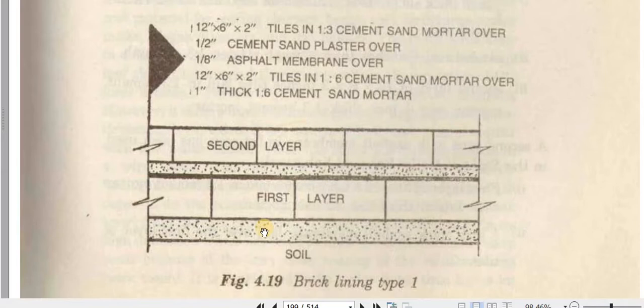So at the bottom we have cement sand mortar 1:6, above we have tiles made of 1:6 cement sand mortar with these dimensions. Then we have asphalt membrane, then cement sand plaster half inch, then tiles again but with a highly cemented 1:3 cement sand mortar.